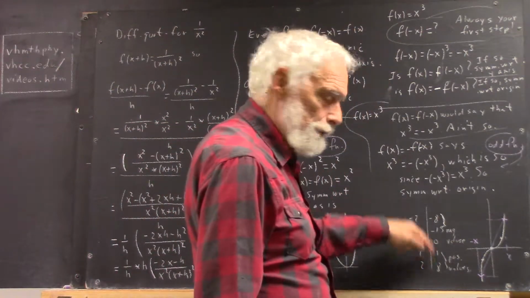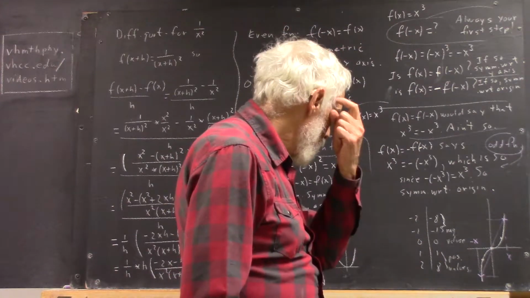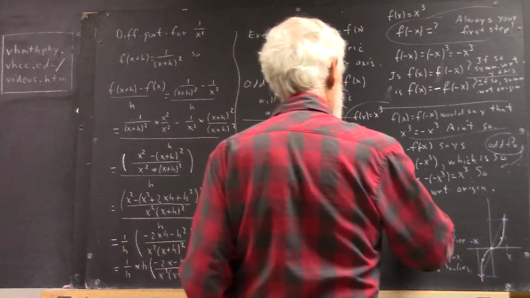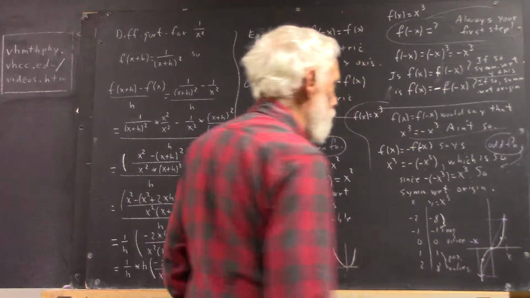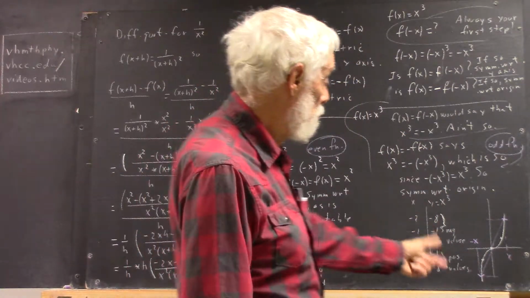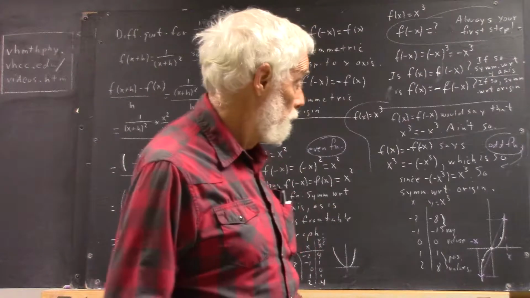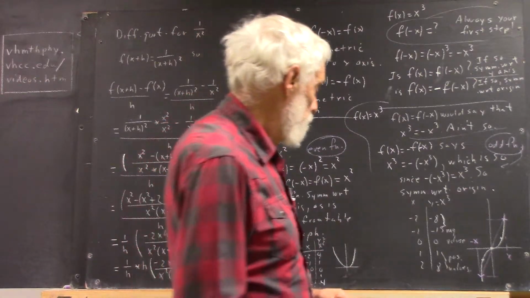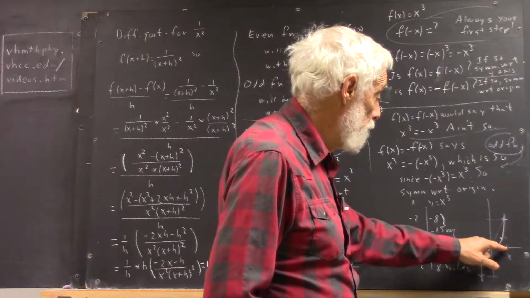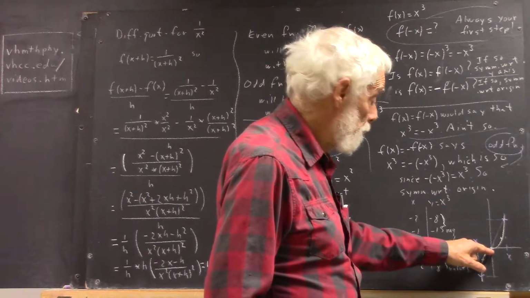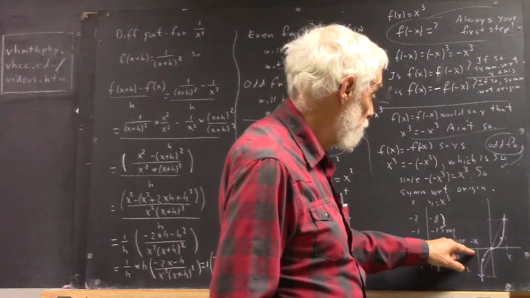Okay, well here are the values we get for the x cubed table. Here's x, here's y equals x cubed, and we're very familiar with these values, and we're very familiar with the way the graph looks. Now, if x is a value out here, then negative x lies at an equal distance on the other side of the y-axis.